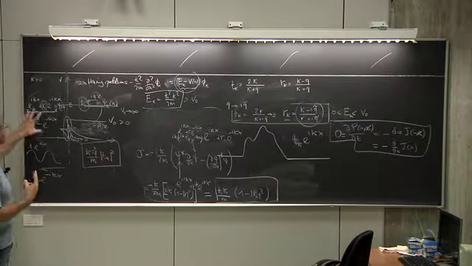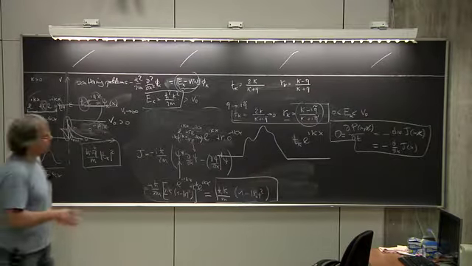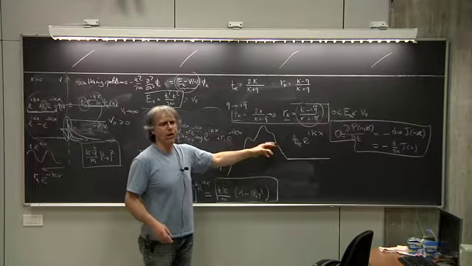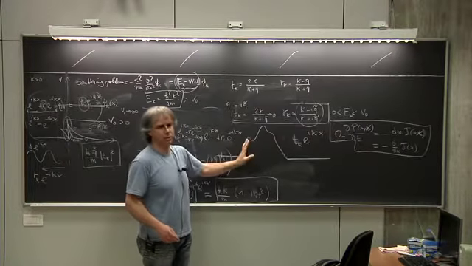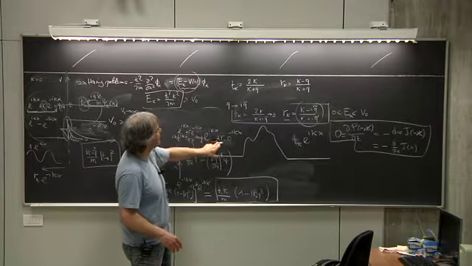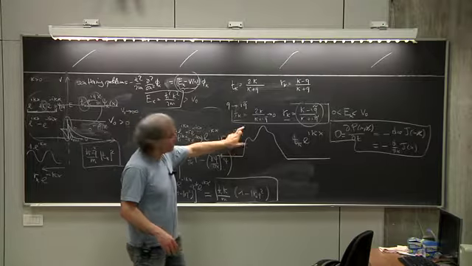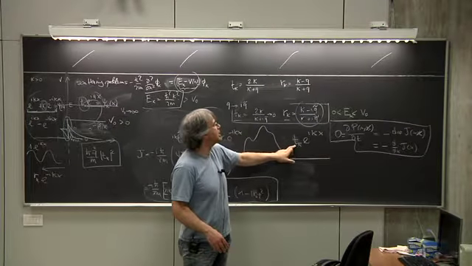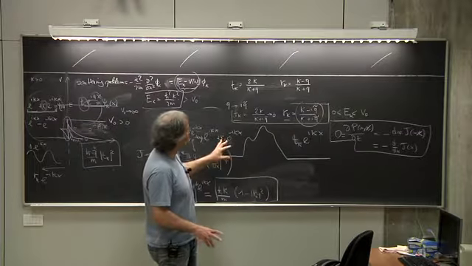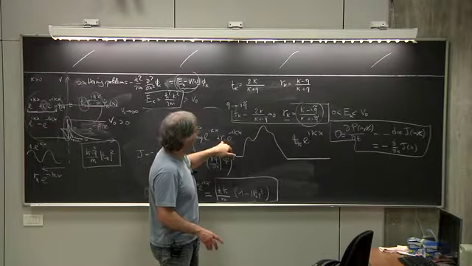One is called the transmission matrix. For instance, let us look at this problem. It's a barrier. By the way, I didn't specify what the barrier was. I mean, it is true in general that the wave function here should be 1 plus R e to the minus ikx. And the wave function here should be some t e to the iqx. And obviously, you can in principle find the relationship between this and that.